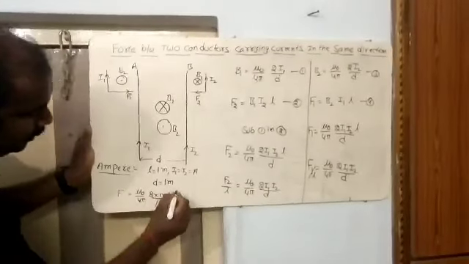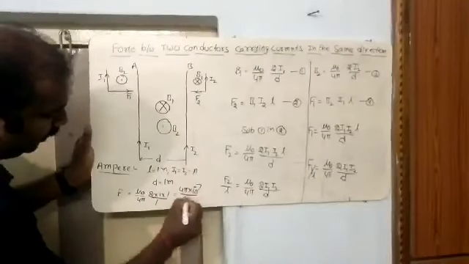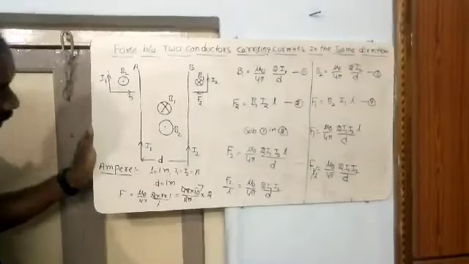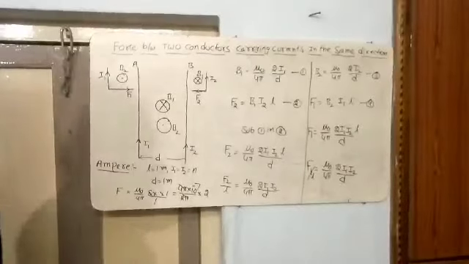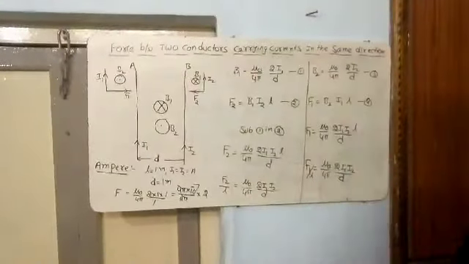These are cancelled. So mu naught value is 4 pi into 10 to the power of minus 7, by 4 pi into 2. This 4 pi cancelled, and finally you get force is equal to 2 into 10 to the power of minus 7. That means we can write the ampere definition like this.